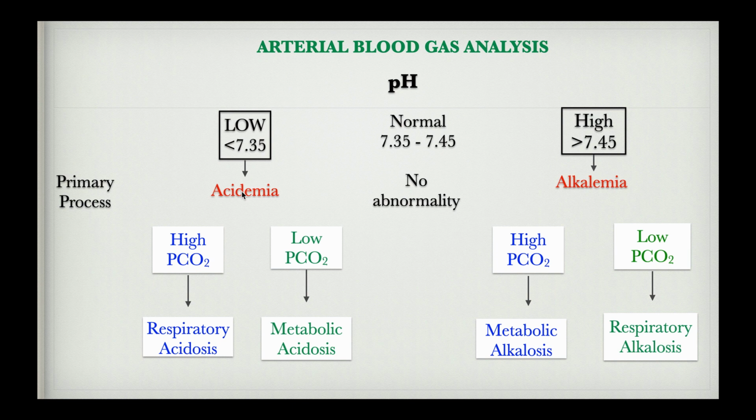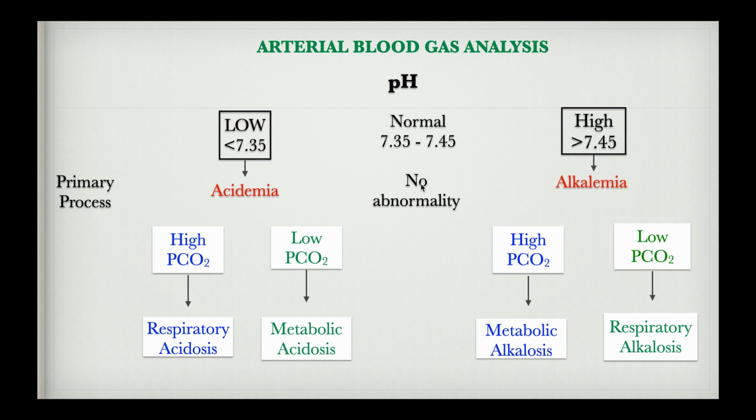However, I need you to remember that there may be a normal pH and still we may have acidemia or alkalemia. And so in such an instance, you must check your anion gap as well as the base excess, which we shall see very soon.